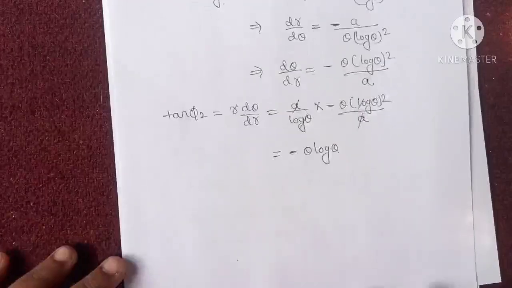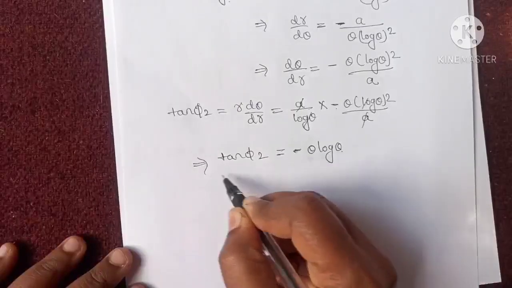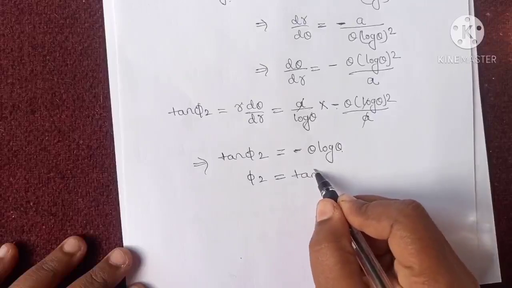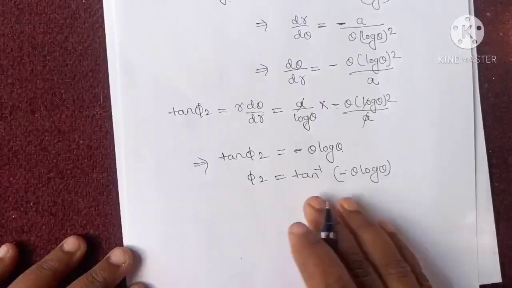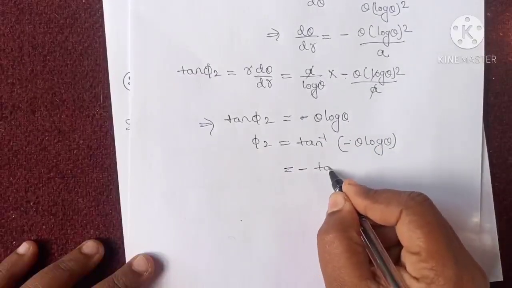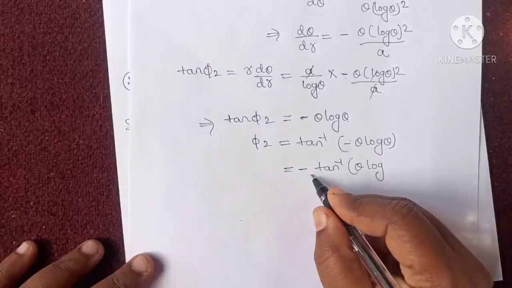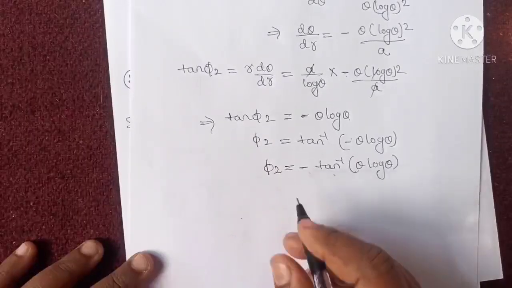Okay. So this is the tan phi 2 value. Therefore phi 2 can be written as tan inverse of minus theta log theta. We know that tan inverse of minus theta equals minus tan inverse theta. Therefore it equals minus tan inverse of theta log theta. So this is the phi 2 value.